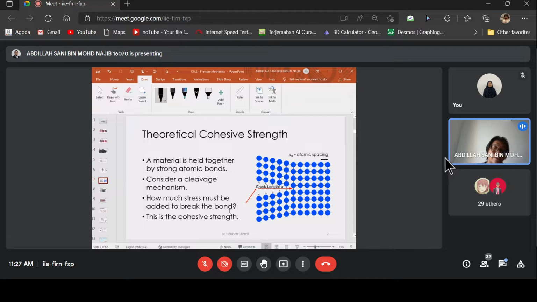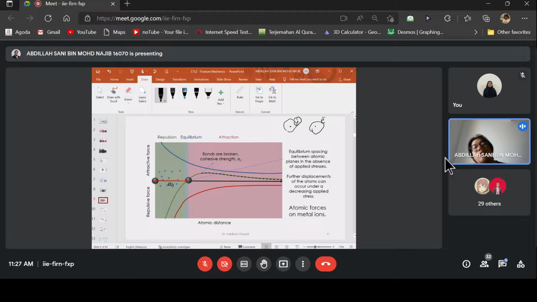So how do you get the cohesive strength? From here, we know the relation between the force and the distance. So we just copy and paste that into this graph right here.